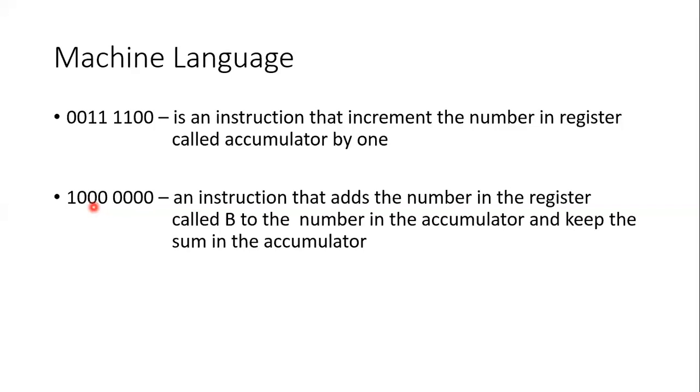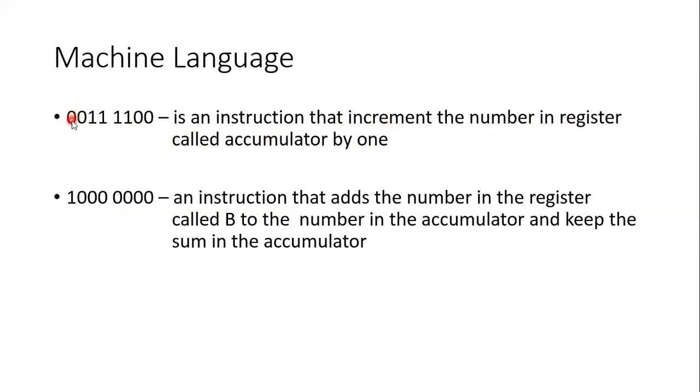So let me show a simple machine language. Here, 0011 and 1100. This is an instruction that increments the number in the register called the accumulator by 1.